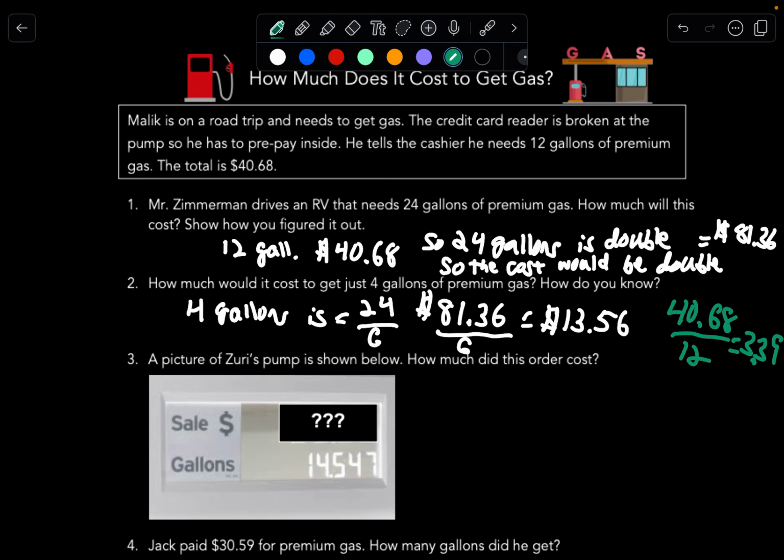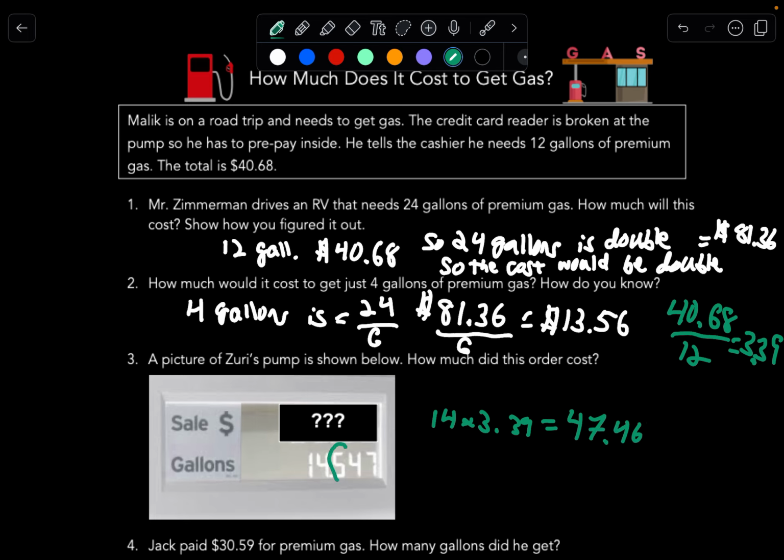So how much did this order cost when you had 14.547 gallons? Well, for each gallon, it's going to be $3.39. So 14 times 3.39, and I'm just doing the 14, is 47.46.